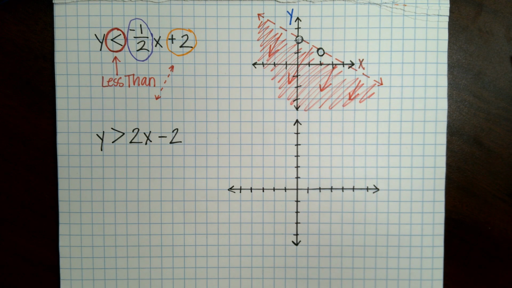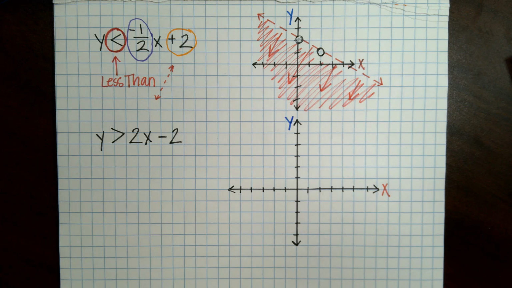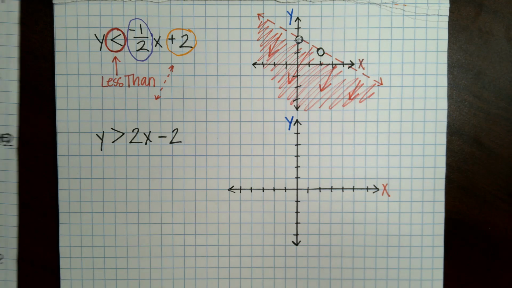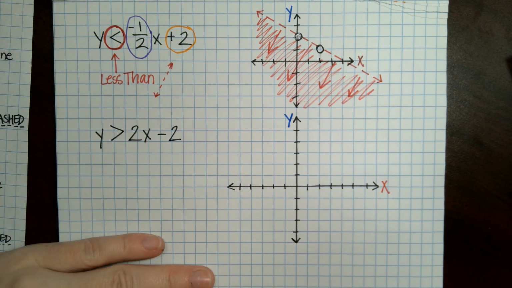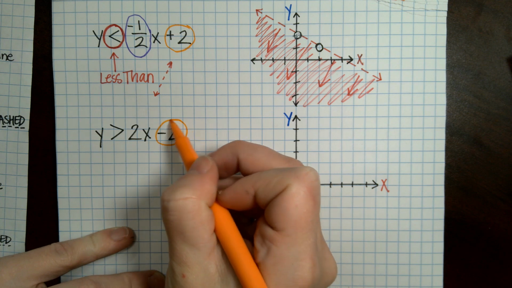We're going to label our x and our y axis. Once you've got that graph drawn out, what's going to be our first step? Graph our b, our y-intercept.